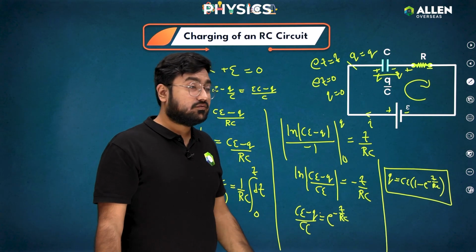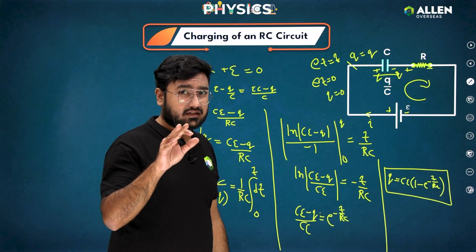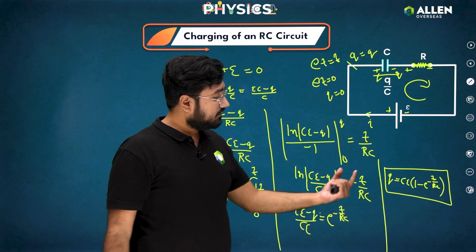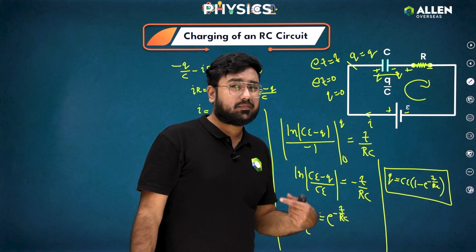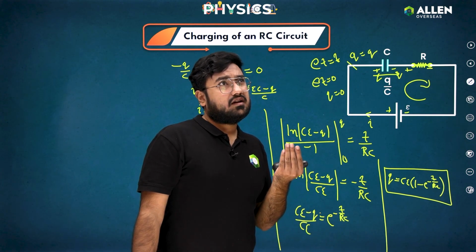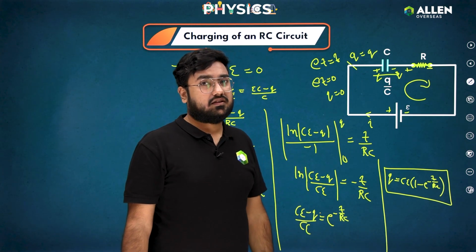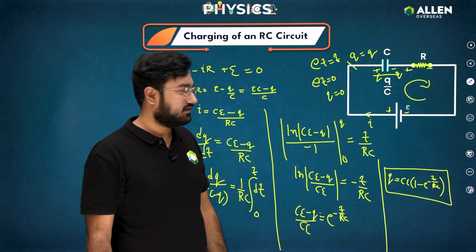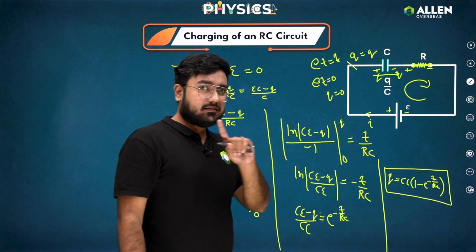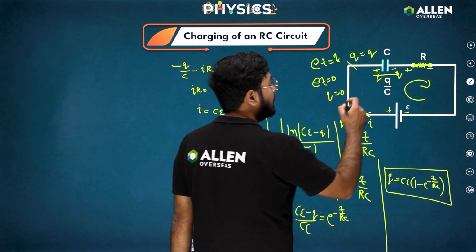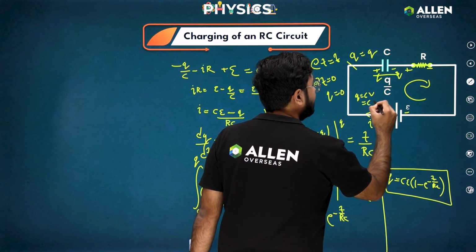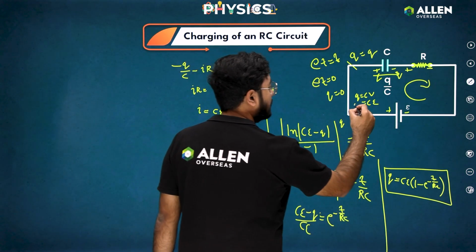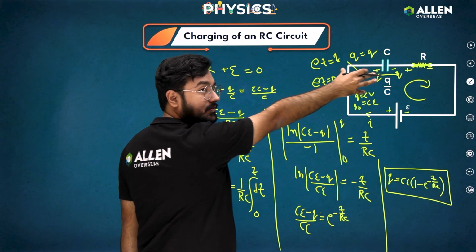Now they can ask you the time at which the capacitor will be charged to half of its charge value. So what will be the maximum charge? Maximum charge Q naught is equal to CE, when the capacitor is completely charged.